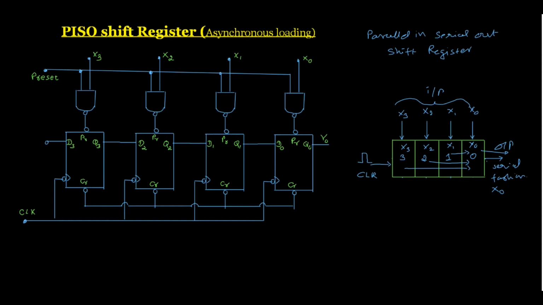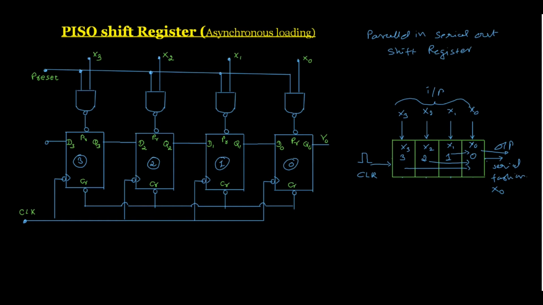Now let us see a logic diagram. Here we have this logic diagram, and first of all we are discussing asynchronous loading. Asynchronous loading means without a clock pulse we are going to load the 4-bit binary number to the shift register. Here we have flip-flop number 3, this is flip-flop number 2, 1 and 0. In this way we have a 4-bit shift register.